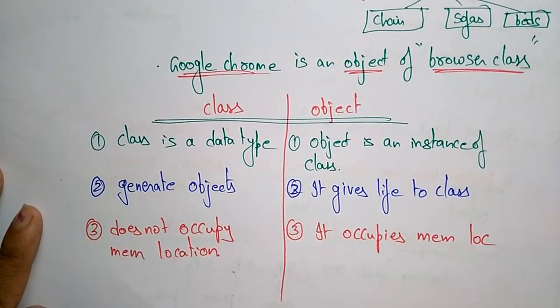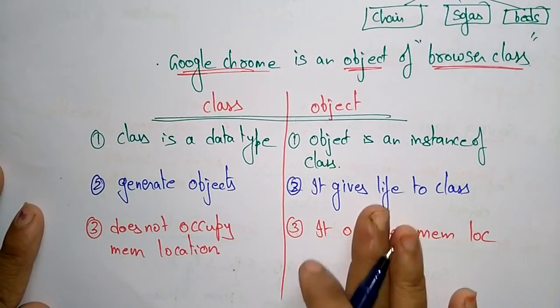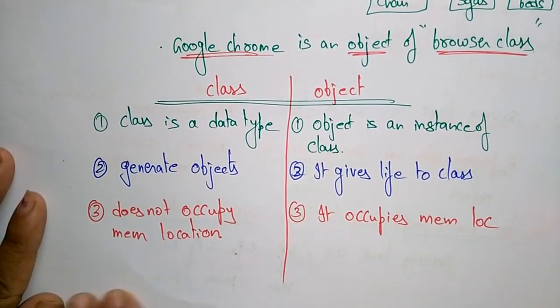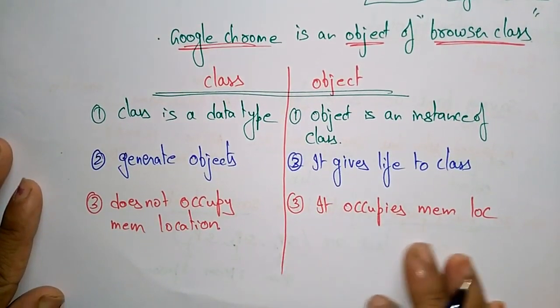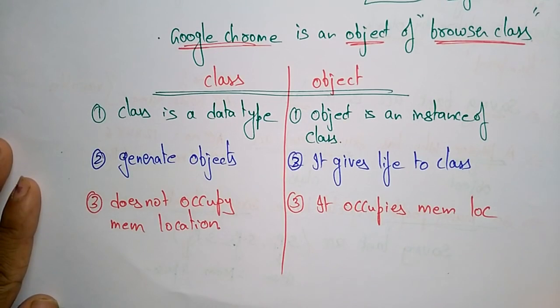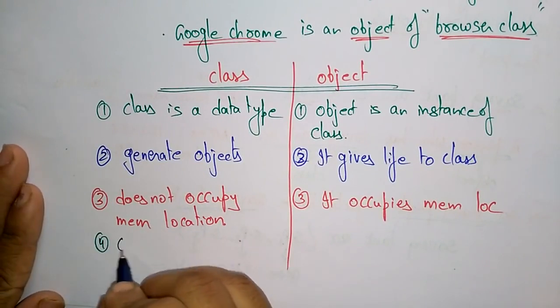So class only generates the object, it doesn't do anything. It generates the object, whereas object will give life to the class. Class doesn't occupy any memory location while doing the programs, only the objects will occupy the memory location.